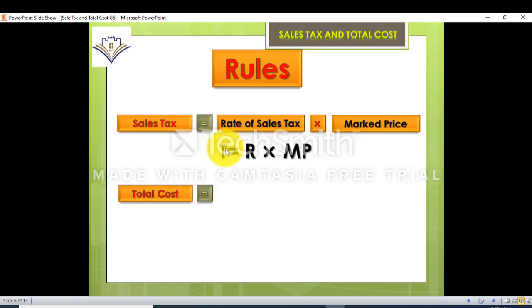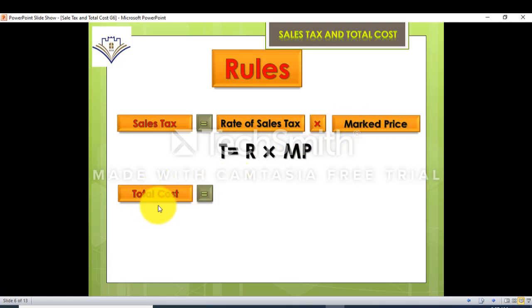T refers to sales tax, R refers to the rate of sales tax, and MP means market price. This is the first rule: sales tax equals rate of sales tax multiplied by market price.